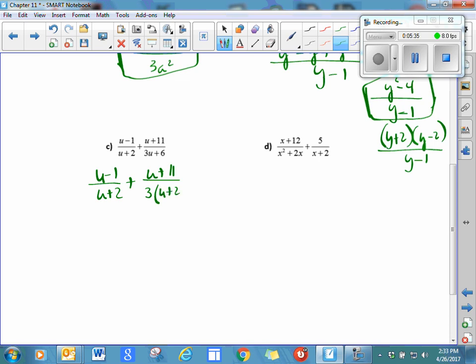Because when you do that, you notice that you have a u plus 2 factor here and here. It's going to be part of our common denominator, but we're not going to write it twice. So our common denominator is going to be the 3 and the u plus 2.